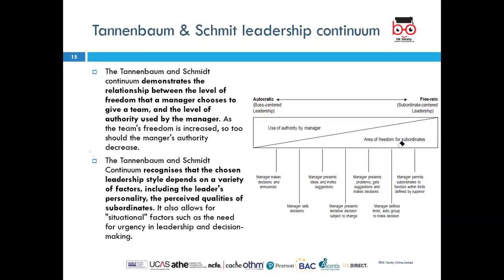In this way, the manager is saying that this is what their difficulties are, this is what their challenges are, and they ask for support from the subordinates, which is again a very low level of leadership, which should not be there. And in the last one, the manager permits subordinates to function within the limits defined by the superior, which then again takes a complete turn from the autocratic way of leadership to a free reign or subordinate centered leadership.